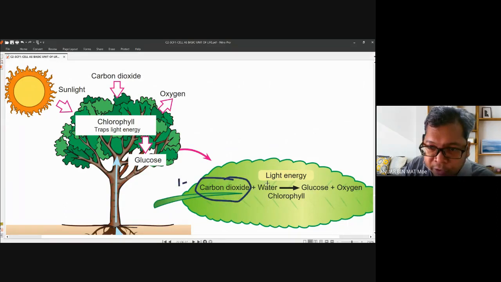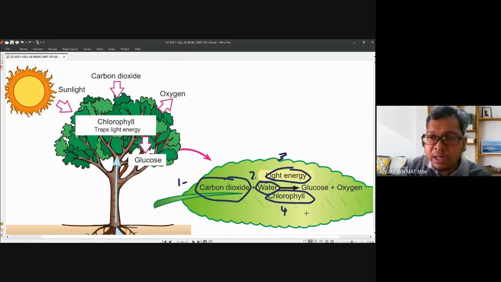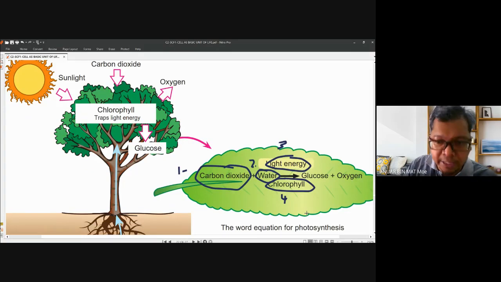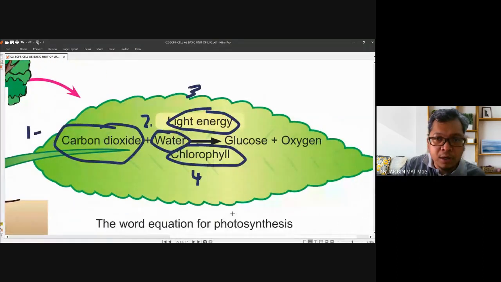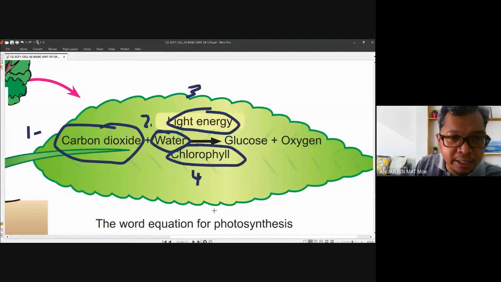And then it also needs water, number two. And then it also needs light energy, number three. And then it also needs chlorophyll, number four. So this is the requirement for photosynthesis, and this is the word equation for photosynthesis.